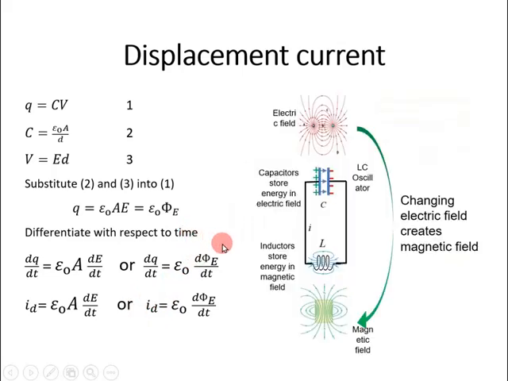Let's summarize the whole thing. From our introductory video, we said that a changing electric field could now produce a magnetic field. That's what we are seeing here. So if there is a displacement current that can produce a magnetic field, then we need to modify Ampere's law to accommodate what Maxwell has discovered.